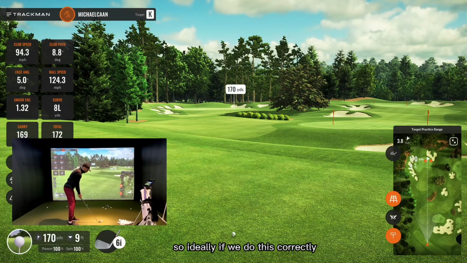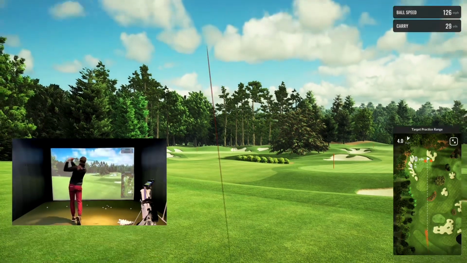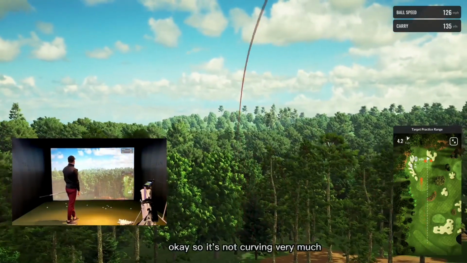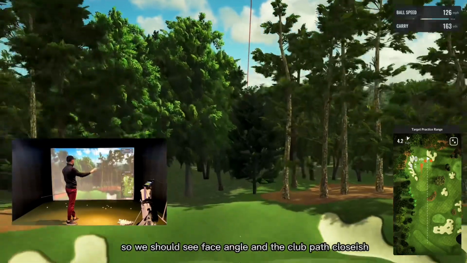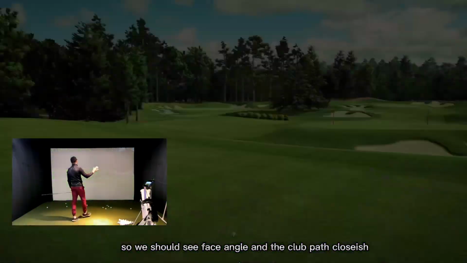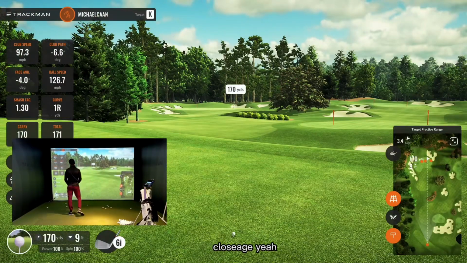So ideally, if we do this correctly, all those numbers should be negative. And it should start left of screen and peel back. If it doesn't, okay, so it's not curving very much. So we should see face angle and the club path close-ish. Yeah, see?